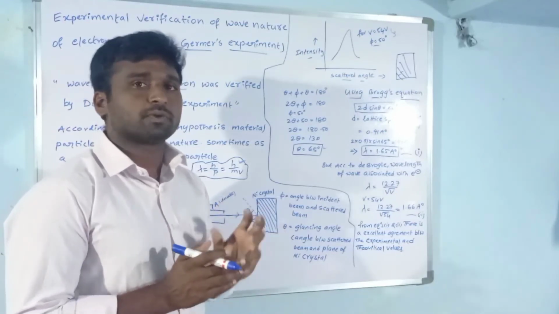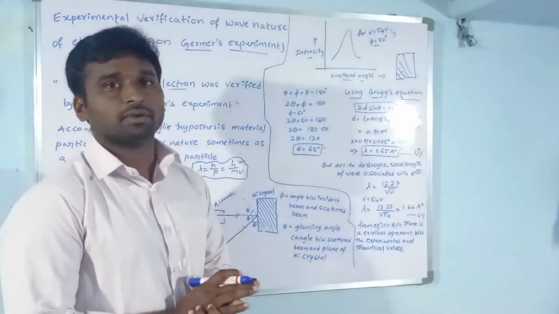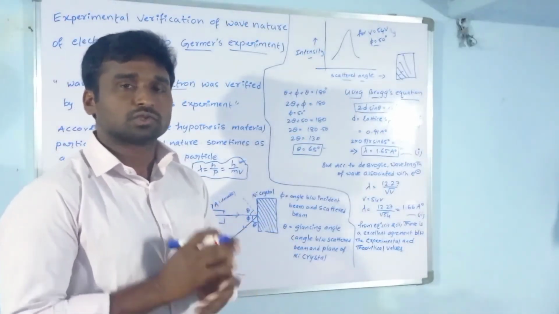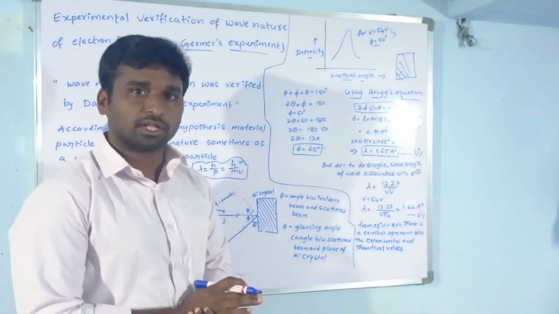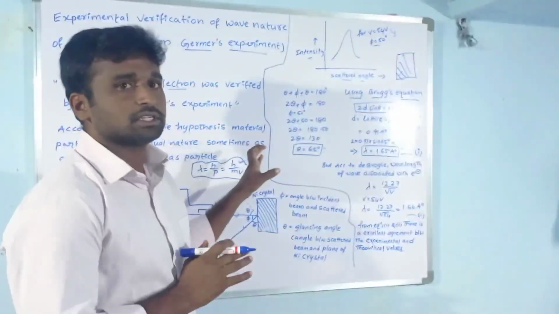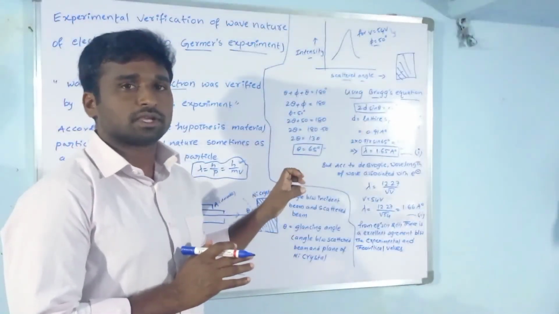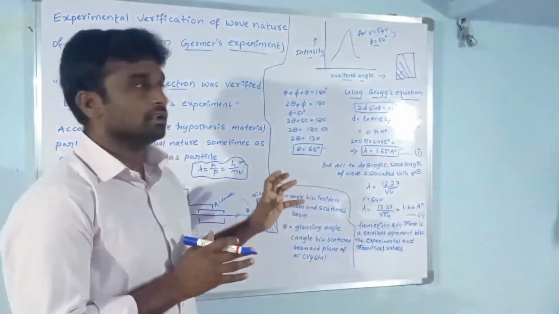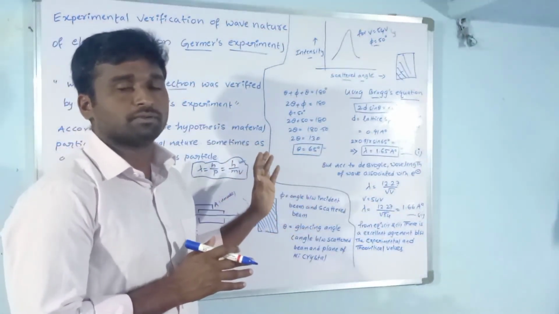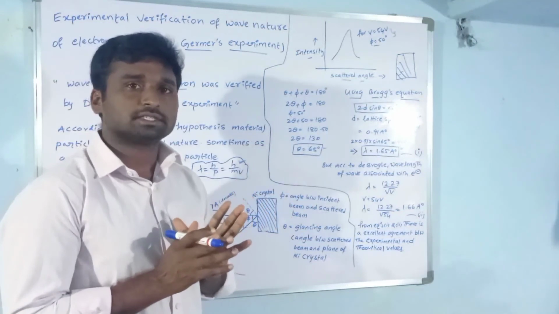Electrons, protons, neutrons, whatever it may be, a mass particle, a material particle, behaves sometimes as a wave, sometimes as a particle. So this is a verification of the wave nature. Whether the wave nature is correct or not is verified by this experiment. So the electron has a wave nature.